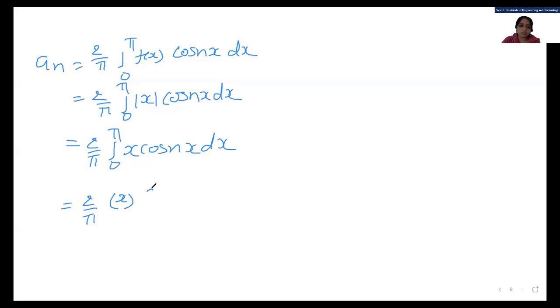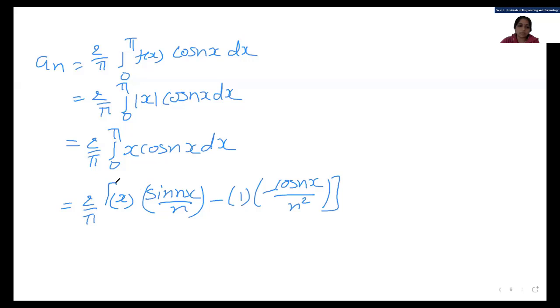Integration of cos nx is sin nx upon n, minus derivative of x is 1, integration of sin nx is minus cos nx upon n square, right? And the limits are 0 to pi. So 2 by pi, by substituting upper limit, students, sin n pi is 0.